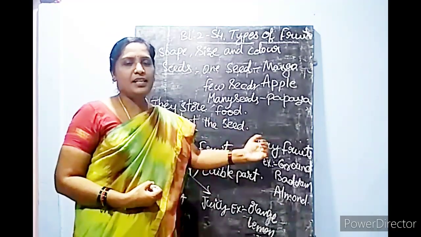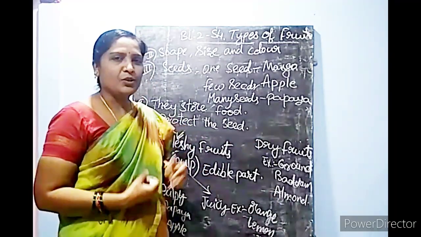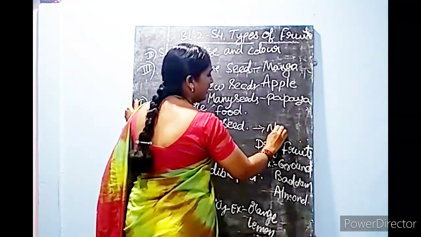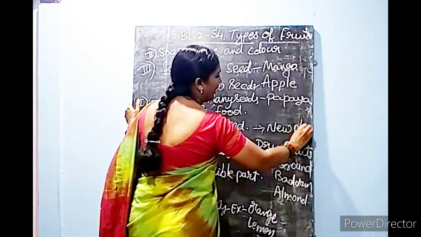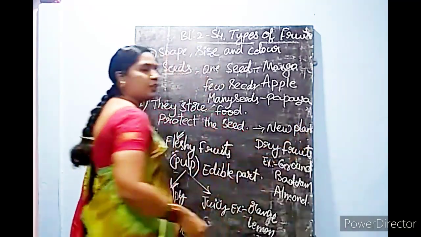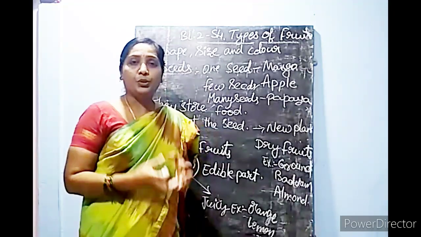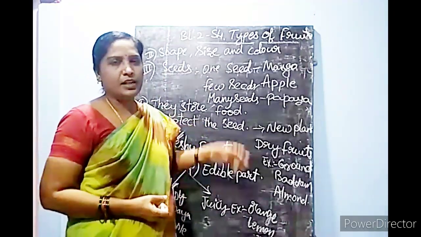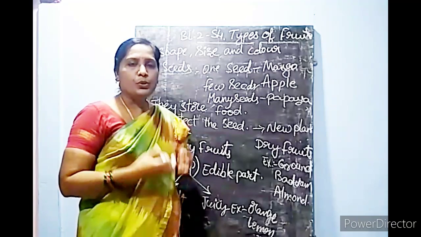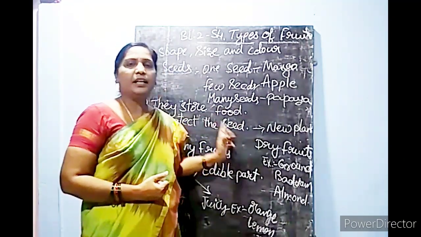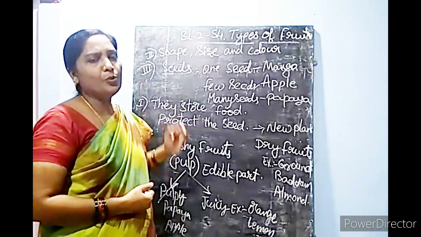You already learned the role of seeds in a previous lesson. We are getting a baby plant. To get new plants, we need seeds. So that important role is there with seeds. So the protection that is compulsorily needed for seeds is given by our fruits.